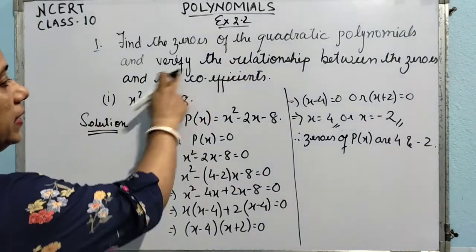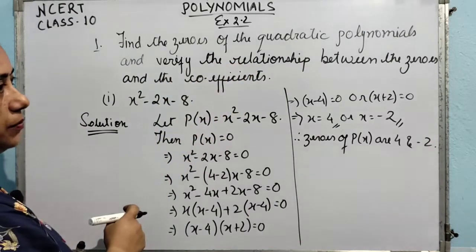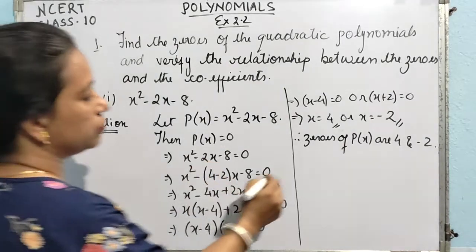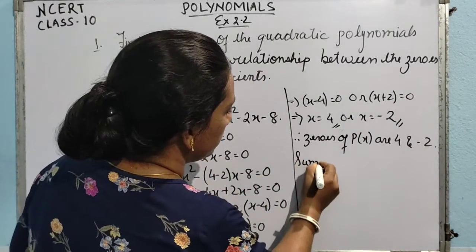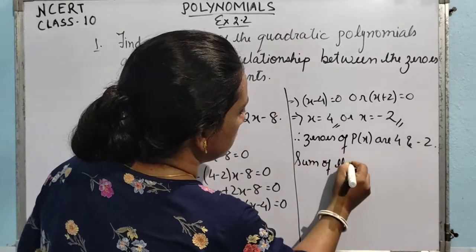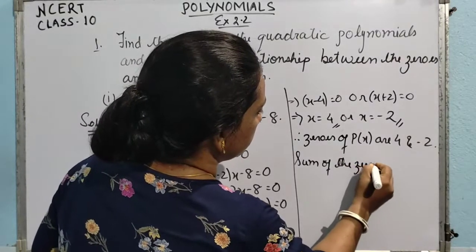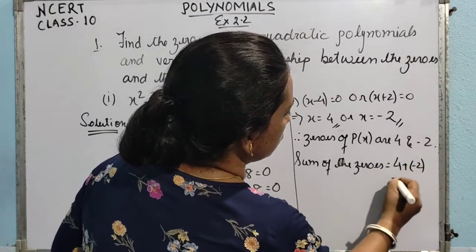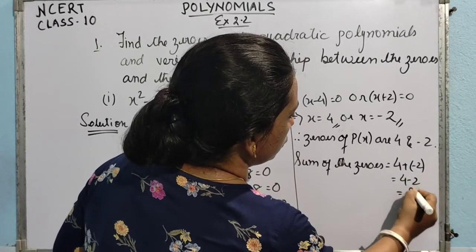Now we have to verify the relationship. First, the sum of the zeros is equal to 4 plus minus 2, that is 4 minus 2, equal to 2.